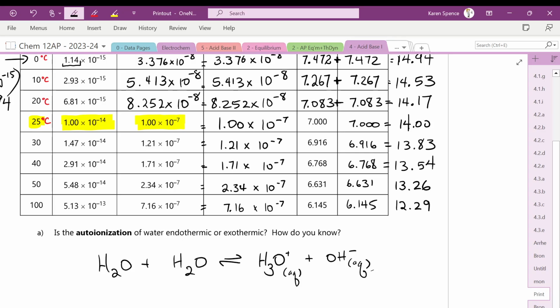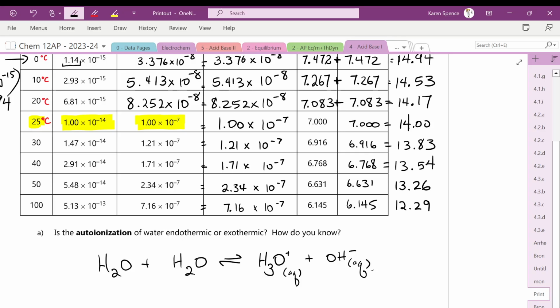Then check with the answer key. I will also do one up there in a couple minutes. Call me over if you have no idea whether it's endothermic or exothermic and you don't know where to start.